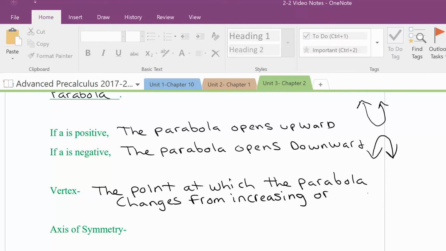From increasing to decreasing. Or vice versa.